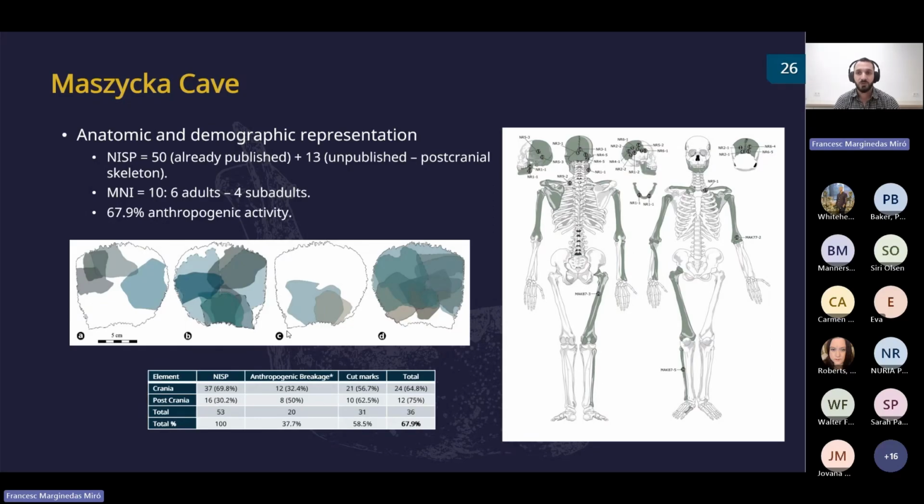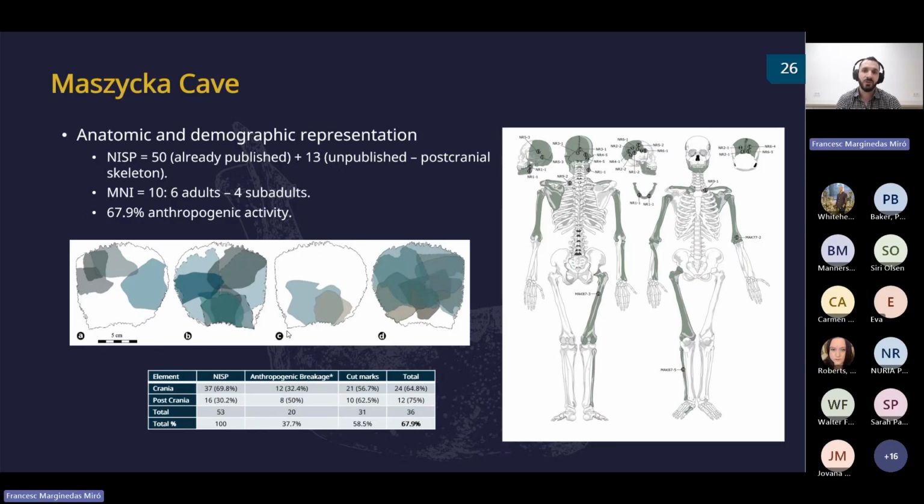These specimens were found in a box in the museum, mixed with faunal remains, and the total assemblage now shows a minimal number of 10 individuals, 6 adults and 4 subadults, with a percentage of human activity quite high, nearly 68%, 67.9%.